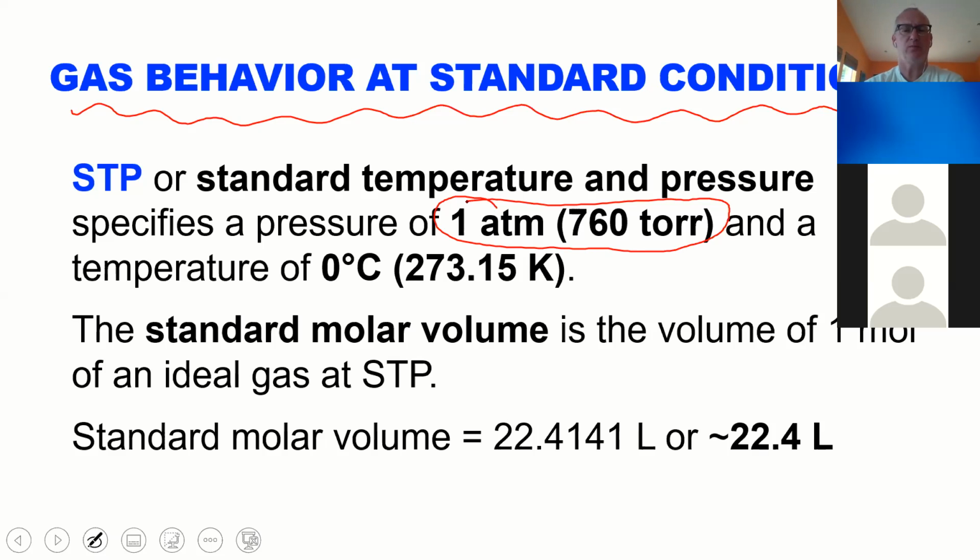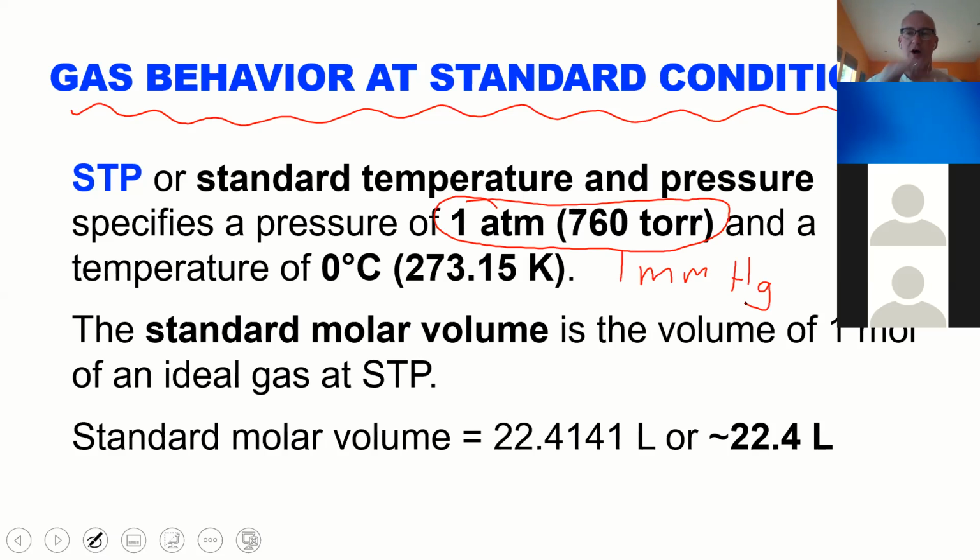Where do we get that number from? Was it the device that used mercury to measure pressure? Right, so that is 1 millimeter of mercury.